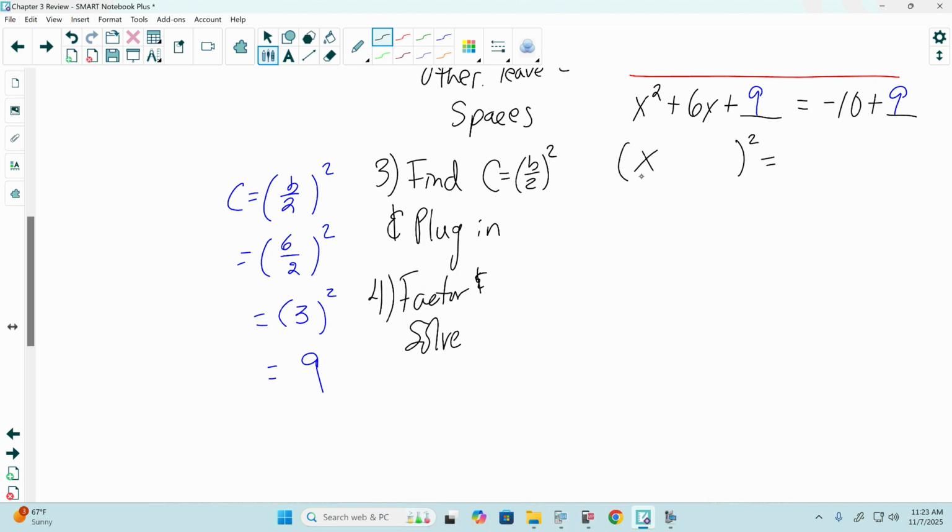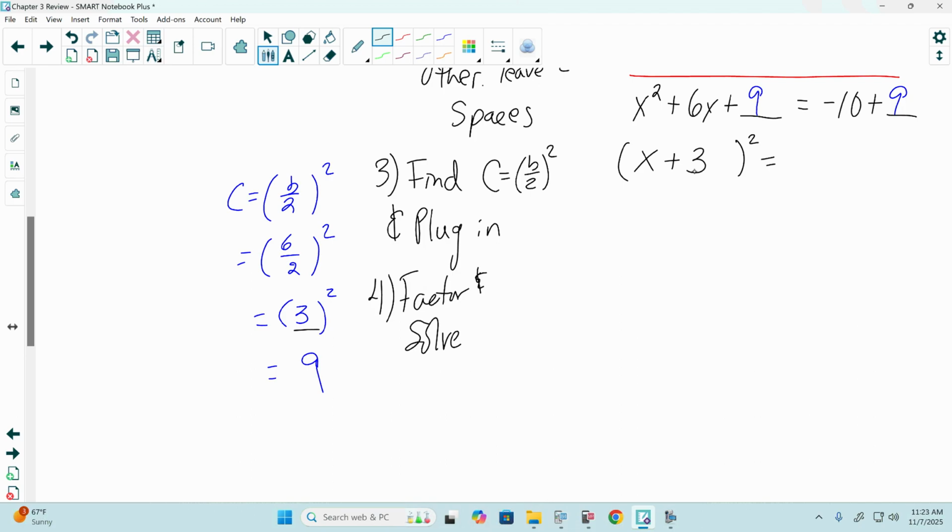The number and sign of the term that goes inside that parentheses with x is the number and sign of our number inside the parentheses before we squared it to find c. And that number was what? 3, and it was positive 3, so we say x plus 3. Because when we're finding c, before we square it to find the final value of c, that number inside those parentheses is what's going to go inside here. Since it was positive 3, it's going to be plus 3.